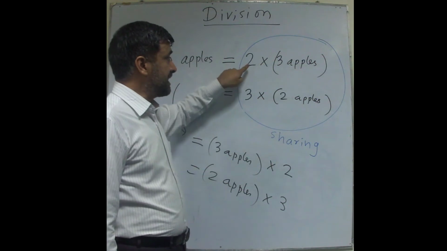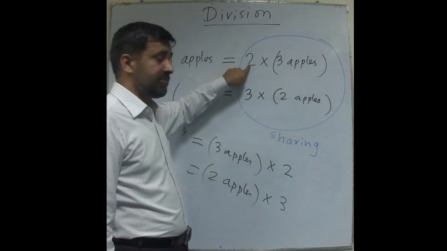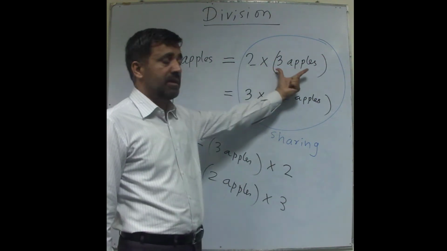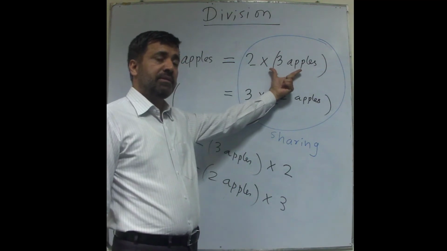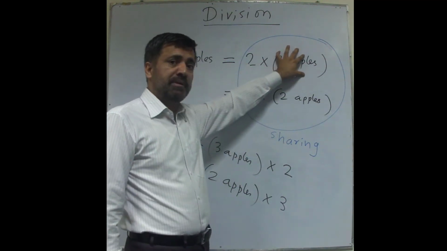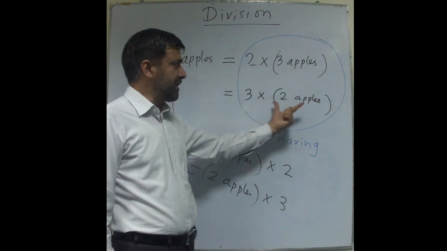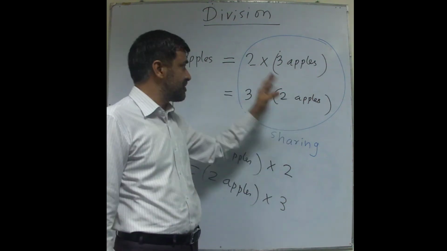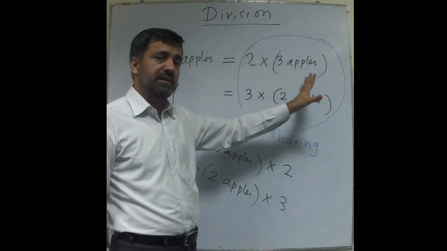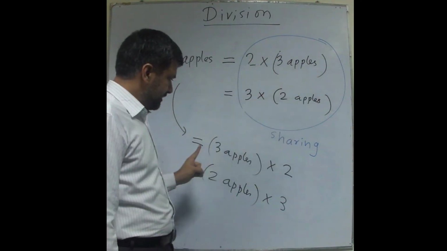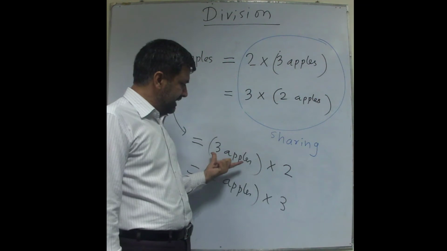Before, I pretended to know the number of groups, and the question was, how many apples does each group contain? So one of these will be known, and the other will become your question.